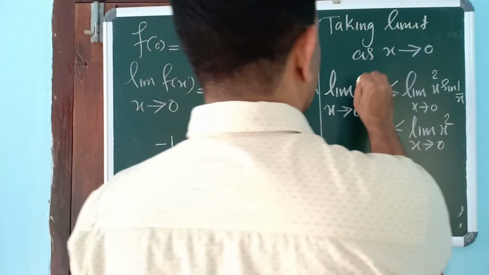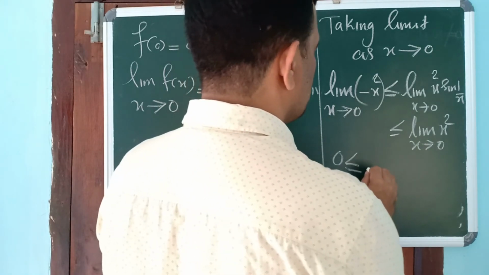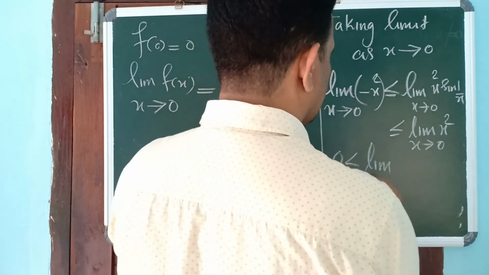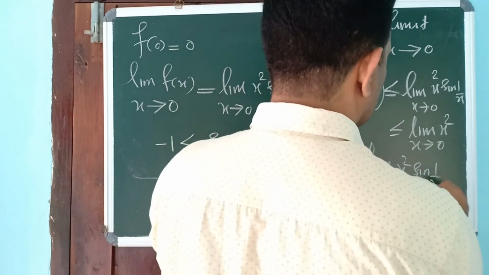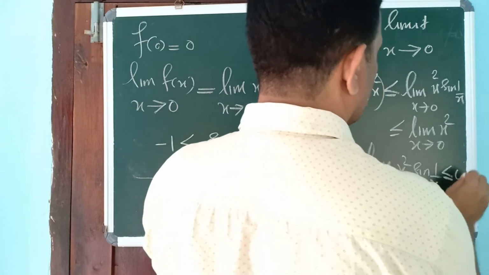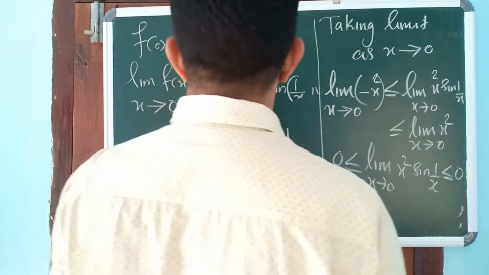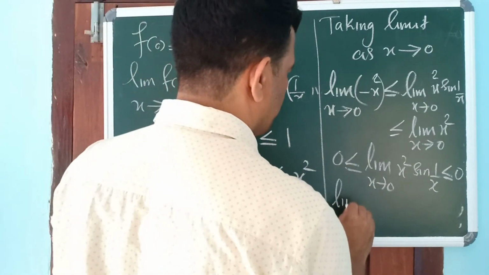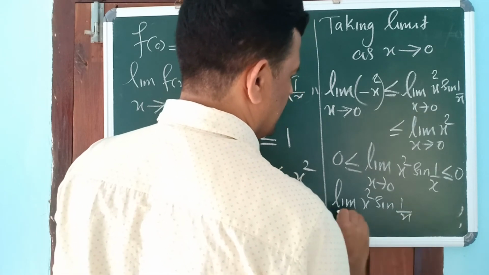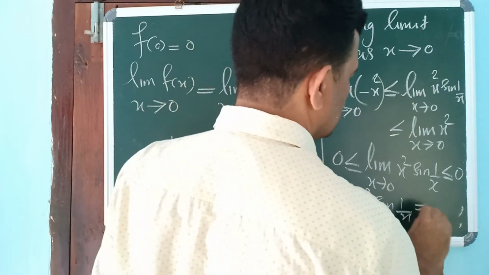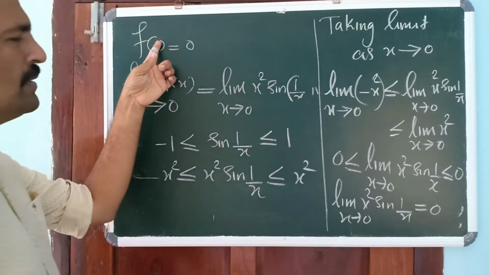Now putting x equal to 0, here we get 0 less than or equal to limit x tends to 0 of x square into sin 1 by x less than or equal to 0. That means this limit lies between 0 and 0, so we can write limit of x square into sin 1 by x as x tends to 0 equal to 0. Therefore the limit is equal to 0.